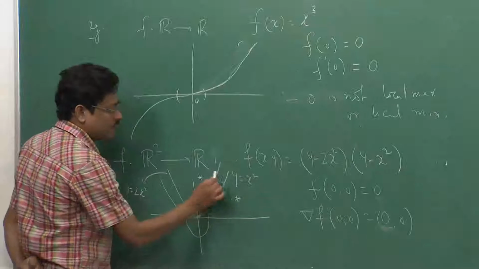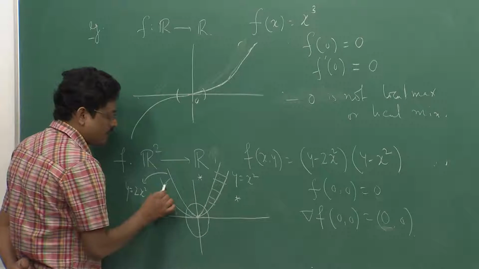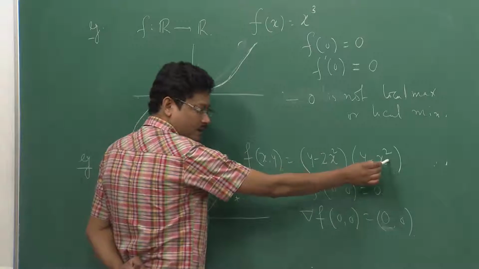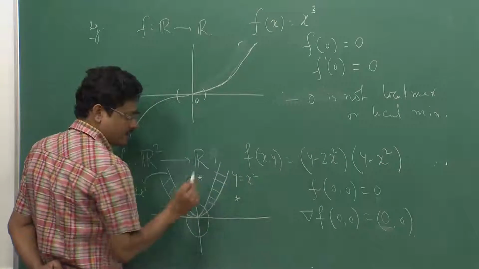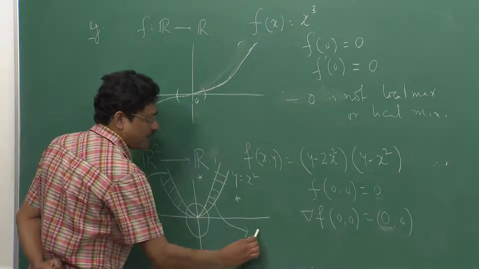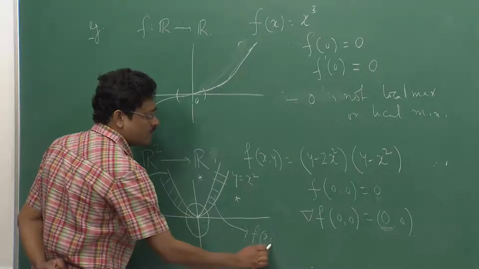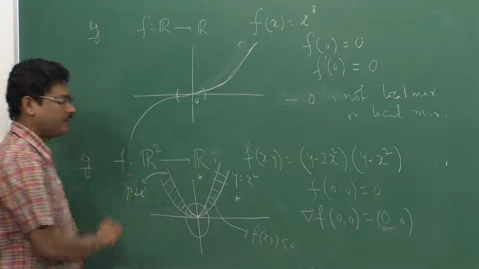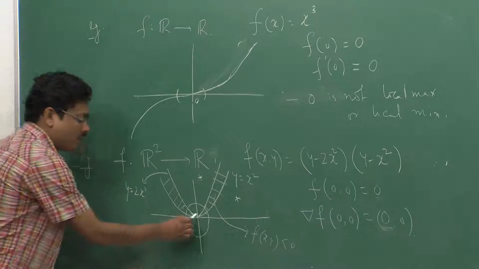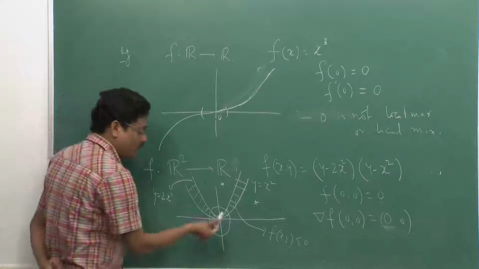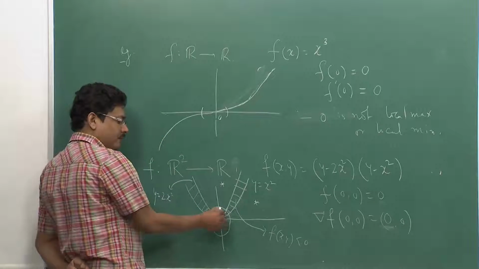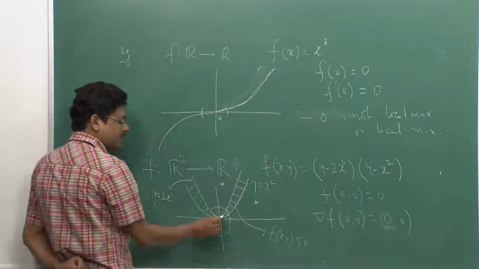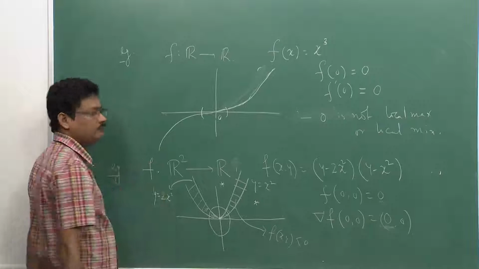But in this in-between region, y is bigger than x square, but y is less than 2x square. So, here f of x y will be negative. So, in this shaded region f of x y is negative. So, around 0 0 you will have points where f of x y is bigger than 0, which is the value of f at 0 0, as well as points from here which are less than 0.